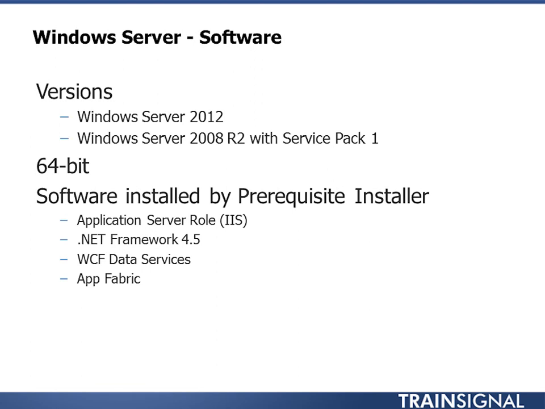One of the nice things about the prerequisite installer, as we're going to see, is that it will automatically download everything from the internet, which is also one of the bad things, because it is possible that your server might not be connected to the internet, or you're just simply trying to improve the performance of your installation. But we'll talk more about the prerequisite installer in a later section.